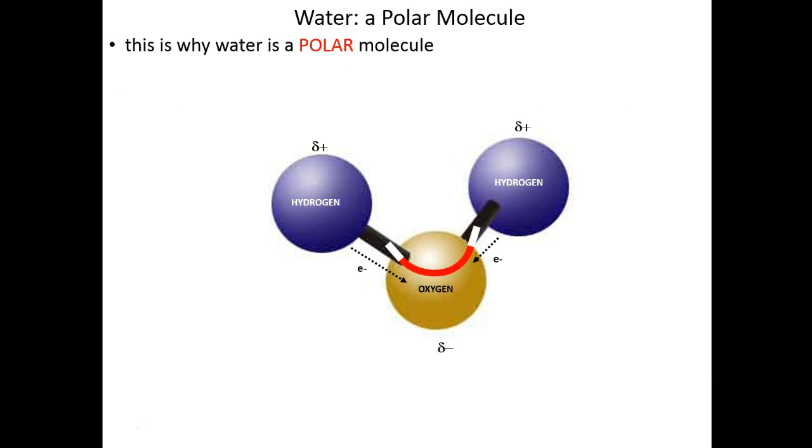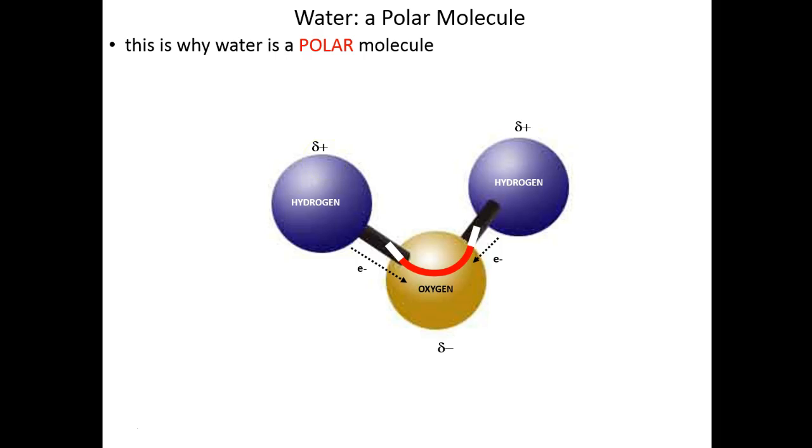And this is why water is a polar molecule. It's polar because it has two different ends. It's polar because it has an uneven charge distribution. It's polar because one end of water, the oxygen end of water, has a partial negative charge. Electrons are remaining around that oxygen more often. The other end of water has a partial positive charge.